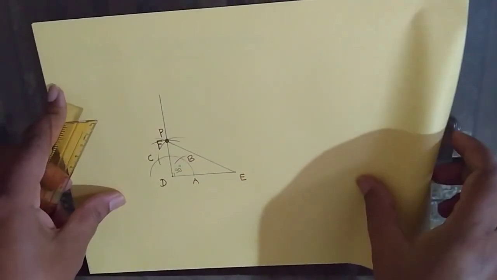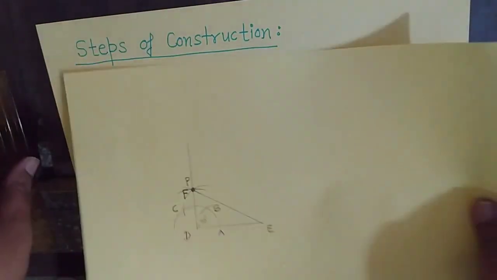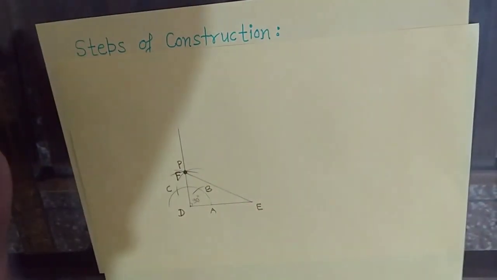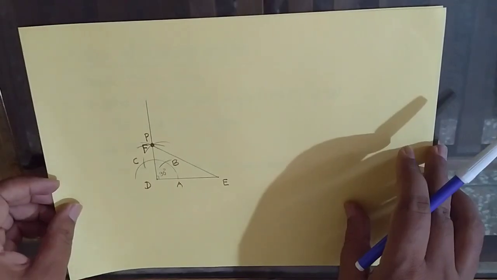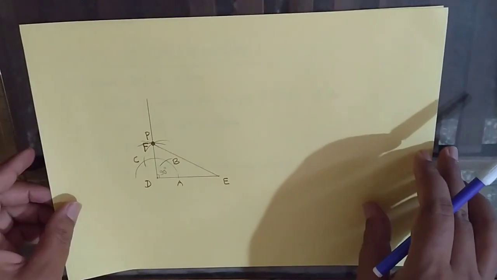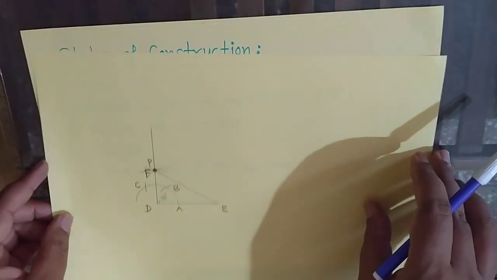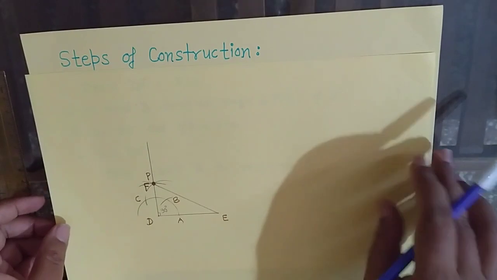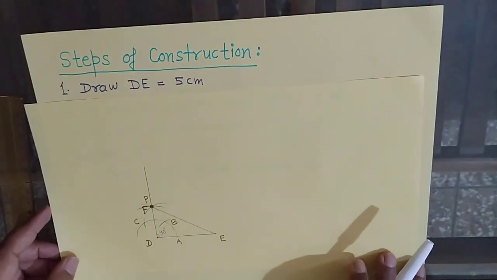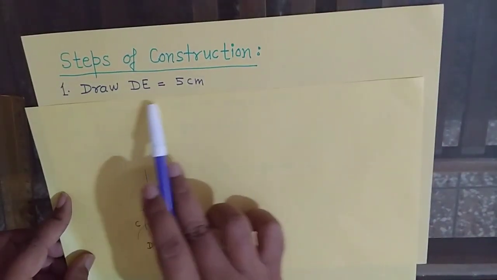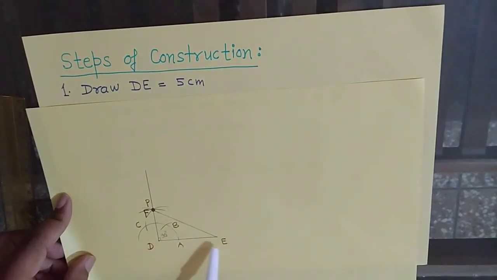Now come to the next heading, steps of construction. Students, now step 1, draw DE equal to 5 centimeter.